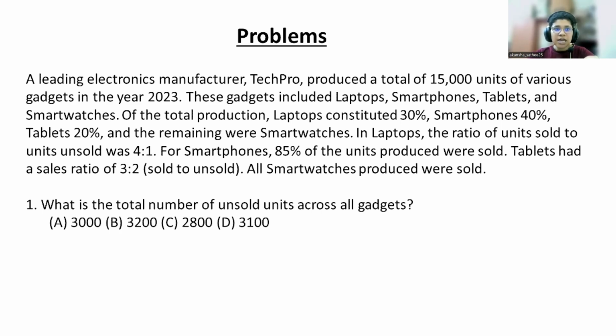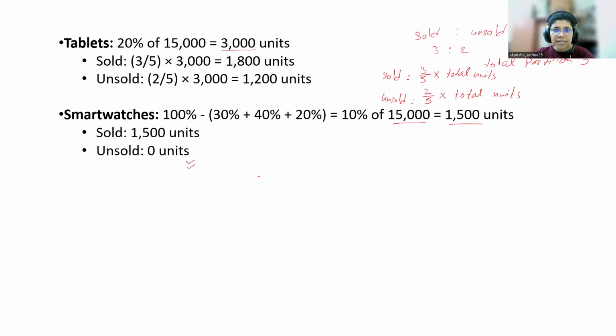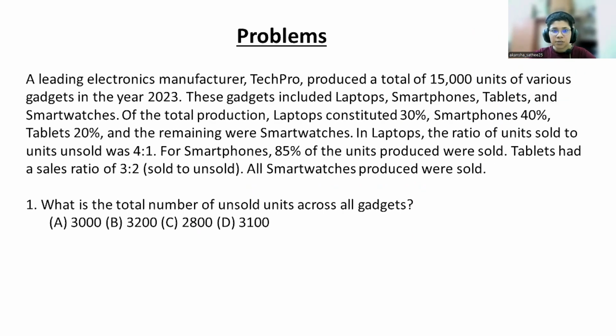So let's see. 900 laptops, right? 900 smartphones, and then 1,200 tablets and 0. So 900 plus 900 plus 1,200. That is your answer. This you have to add.